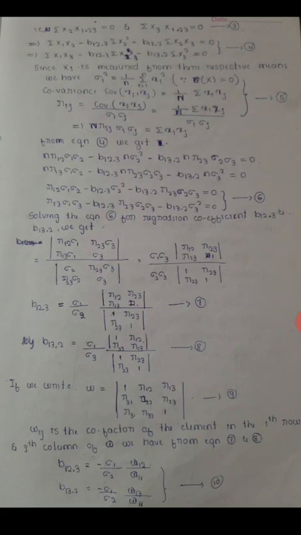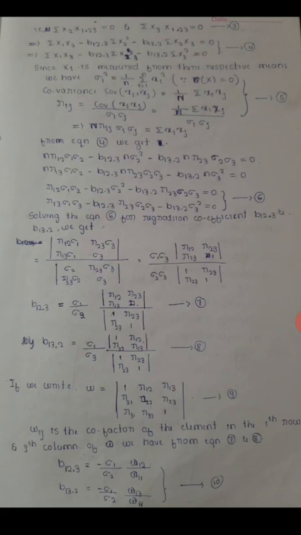If we write omega equal to the determinant of 1, R12, R13; R21, R22, R23; R31, R32, R33, where R11, R22 and R33 are nothing but 1.